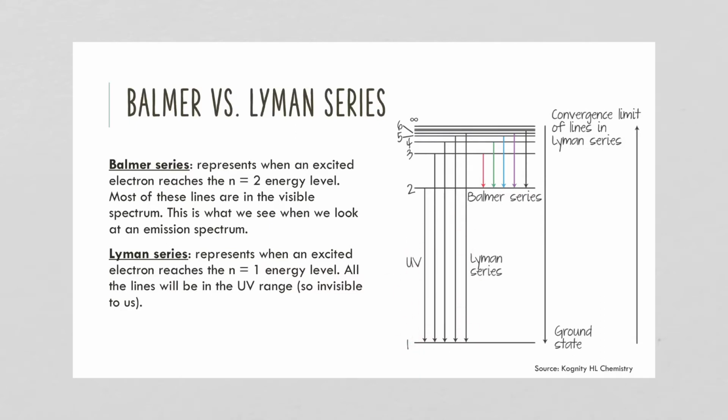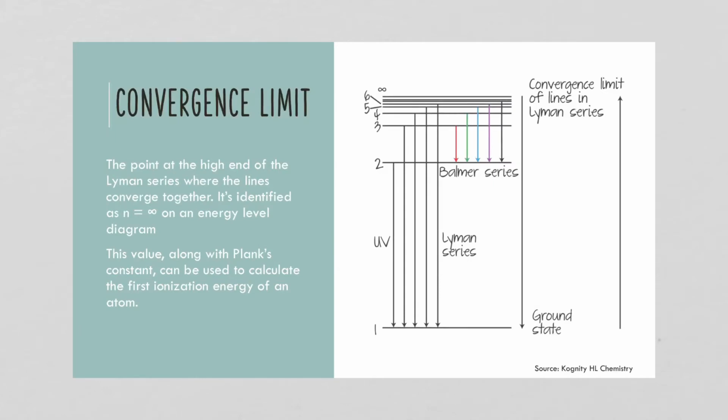The convergence limit of lines is up here, so as you approach n equals infinity, those lines are very, very close together. The convergence limit is the point at the high end of the Lyman series where the lines converge together, and it's identified as n equals infinity on an energy level diagram.